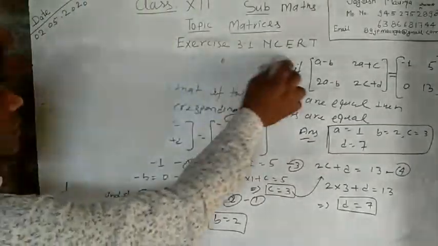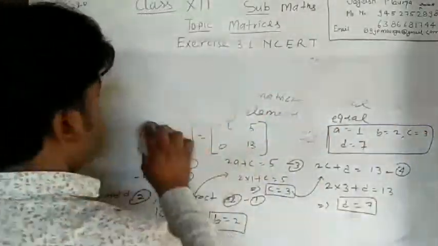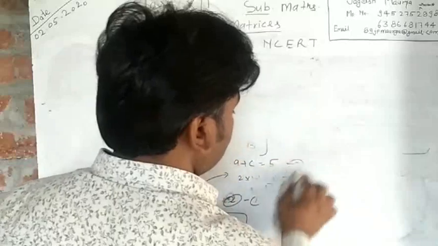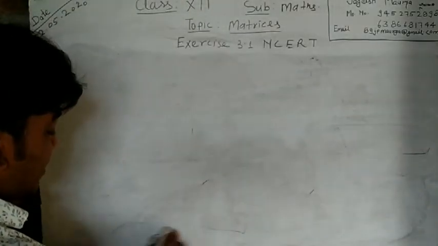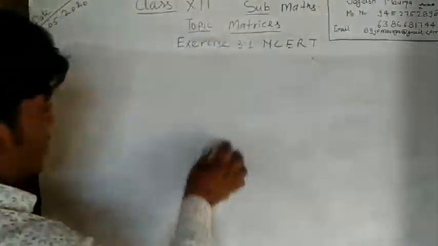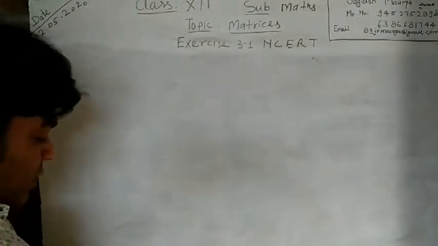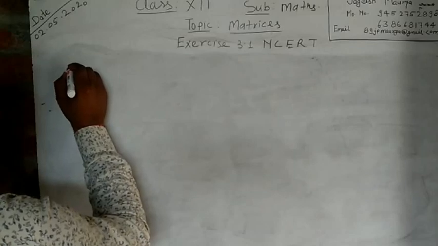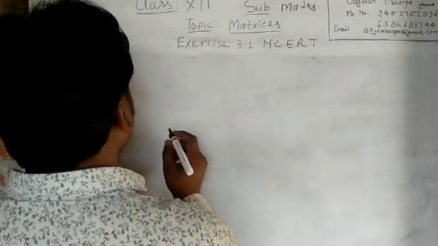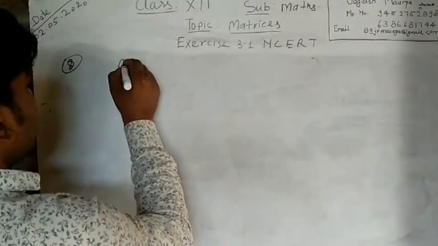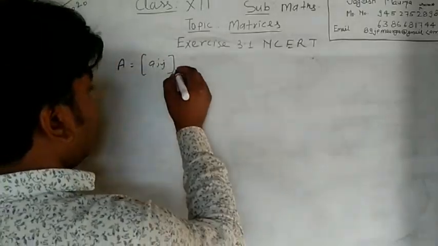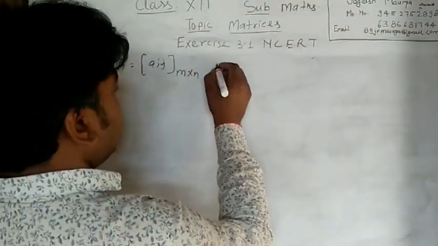Now question number 8. Question number 8 is an objective type question. Given a equal to [aij] is of order m by n, and is a square matrix.